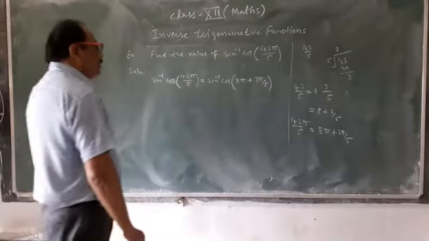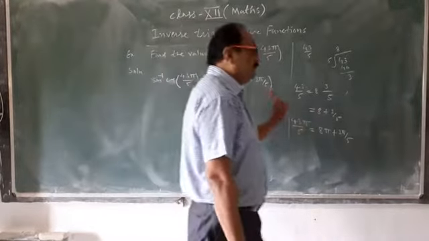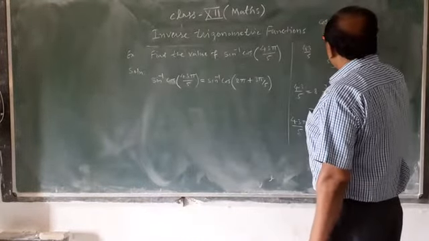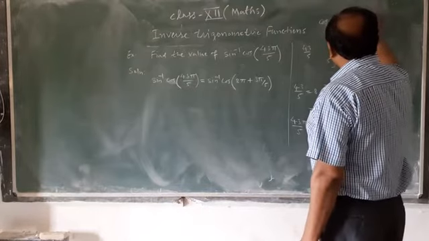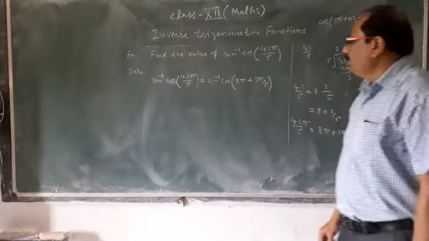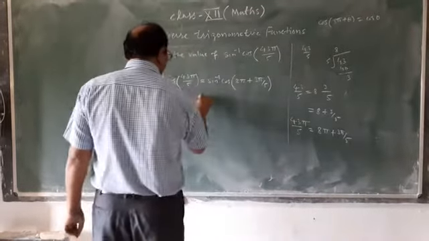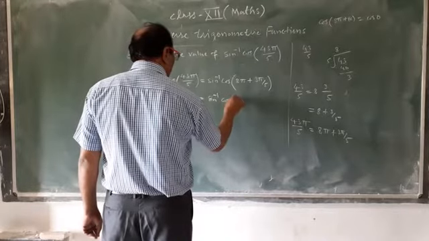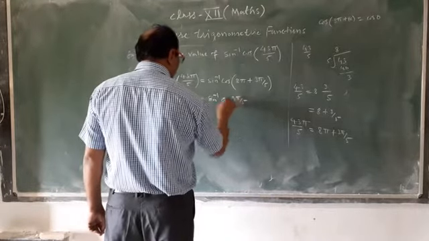That is cos of 8 pi plus theta. Cos of 8 pi plus theta is equal to cos theta. Then it is equal to sin inverse of cos of 3 pi upon 5.